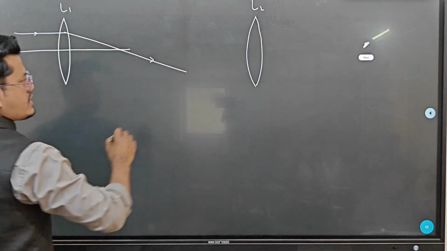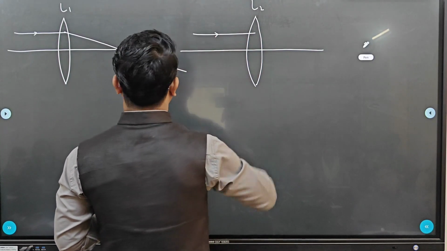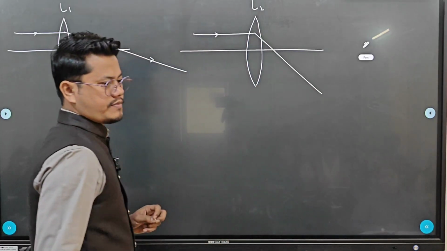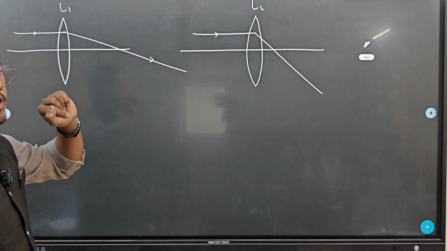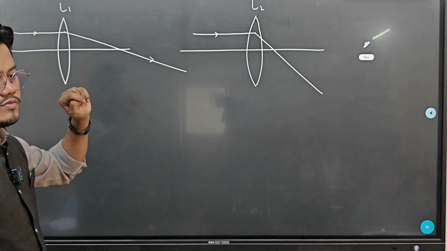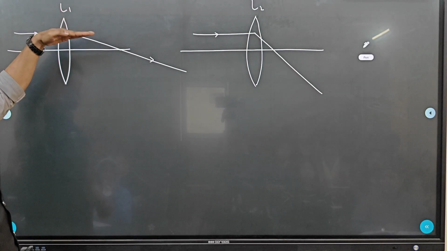When a ray of light passes through L2, it converges in this way. Now you just look at the two figures and tell me which lens can converge more, L1 or L2? L2. Got it? L1 is also converging, but it is converging less.